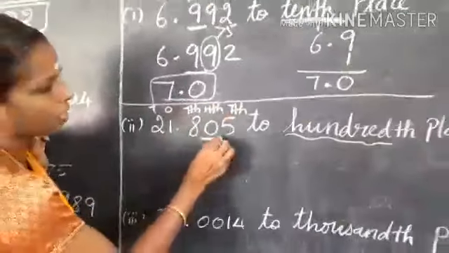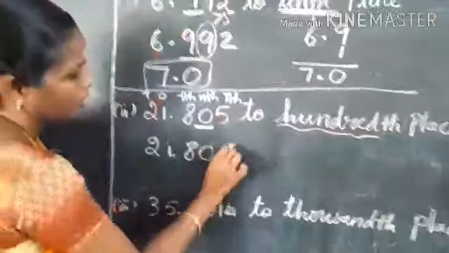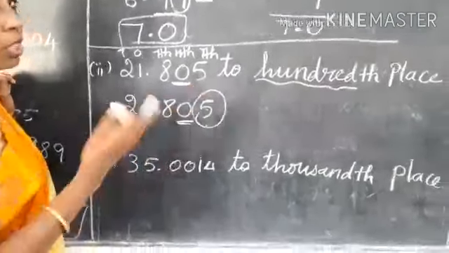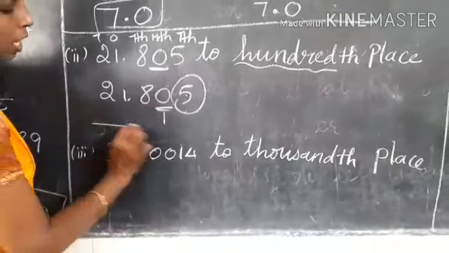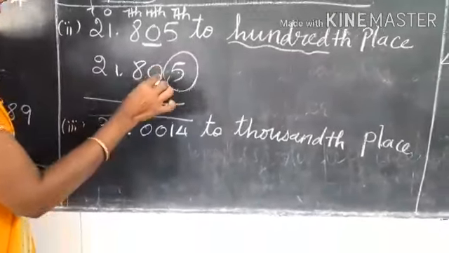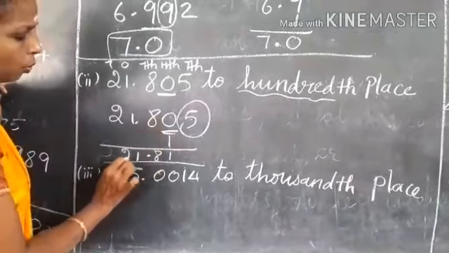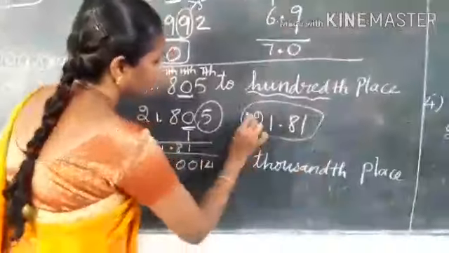So 0 is in the 100th place. We have to compare the next number, 5. This is 5 or more than 5. 5 or more than 5 means we have to add 1 to the underlined digit. If we add 1, what will happen? 0 plus 1 is 1. So 8.12.